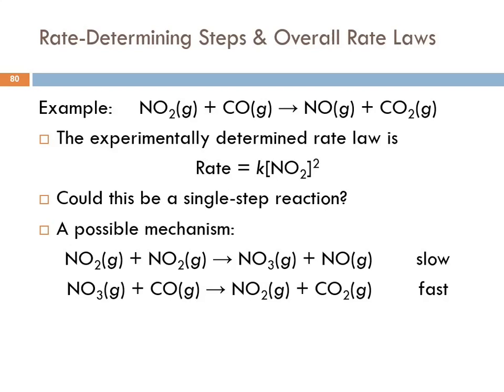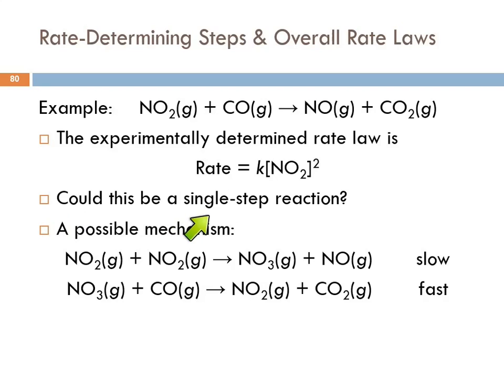One method was the initial rates method, where you look at the initial rate at different concentrations. You might take 1 molar and 1 molar and see what the rate is, and then double this and keep this one the same and see what that does to the rate of the reaction. We talked about that last week. Okay, so experimentally we determine this.